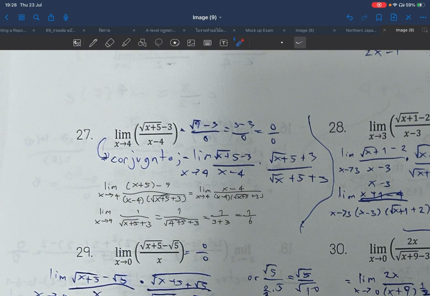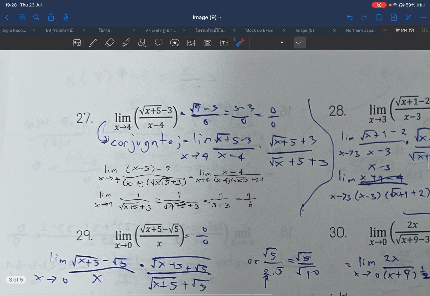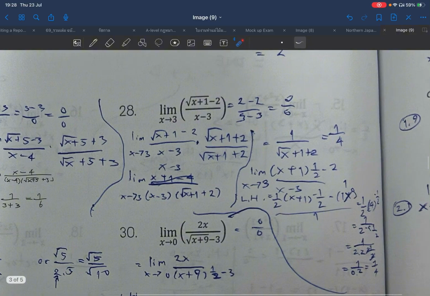So we plug in x as it approaches 4 to get 1 over root 4 plus 5 plus 3. So we evaluate this, we get 1 over 3 plus 3, and the final answer is 1 over 6.